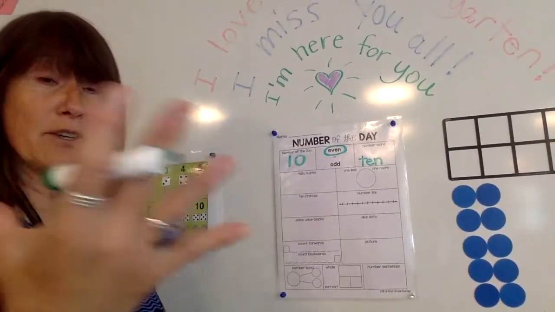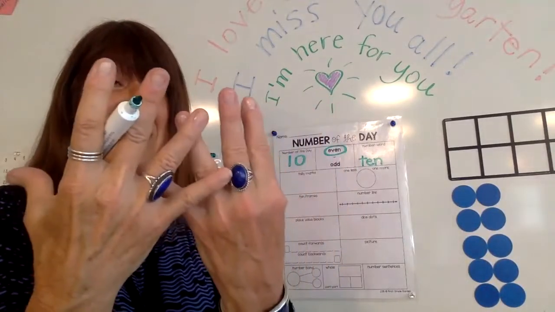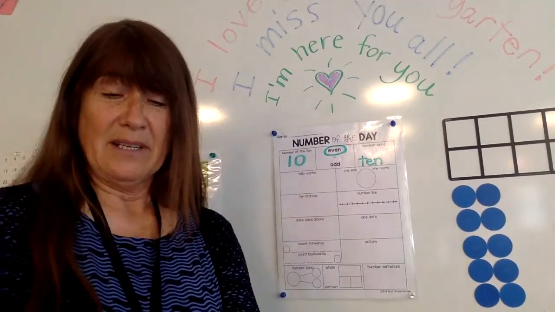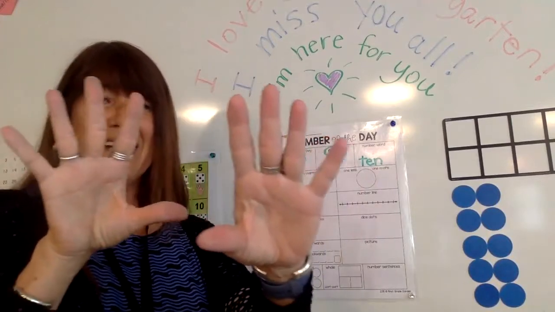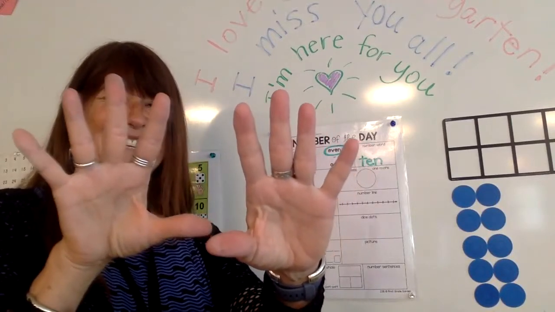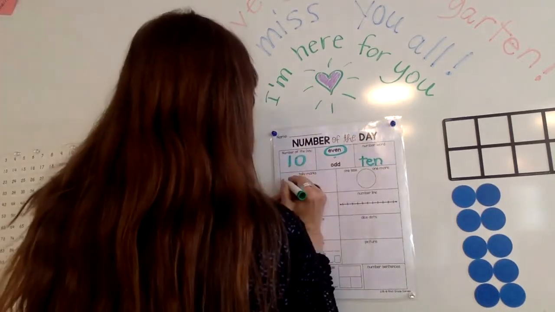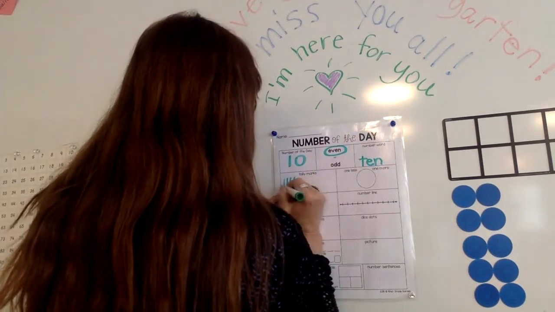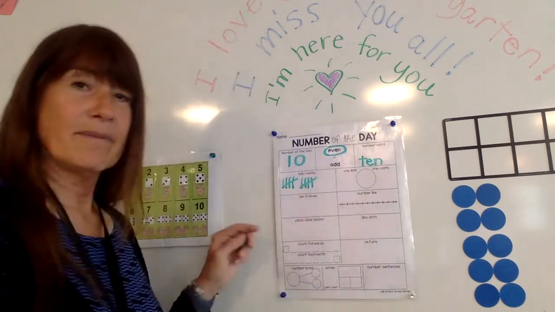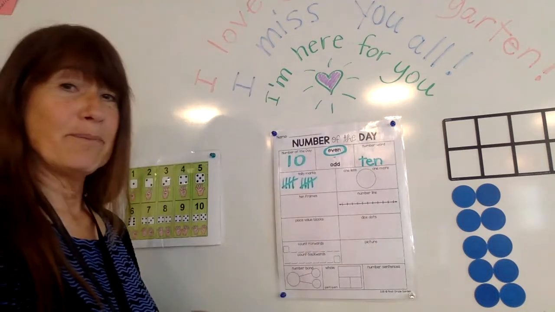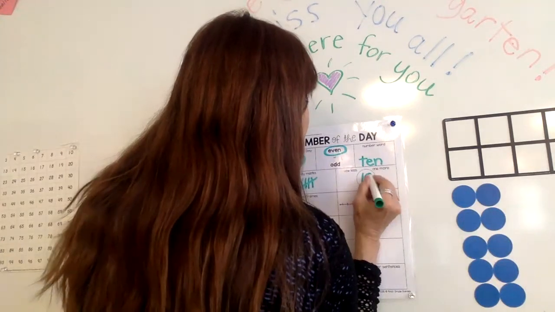You have 5 fingers on this hand, 5 fingers on this hand. How many is that all together? 5 and 5 makes 10, right? So we'll do one bundle of 5. 1, 2, 3, 4, 5. 1, 2, 3, 4, 5. That makes 10. Okay, I'm going to put my number 10 in the middle of this circle.